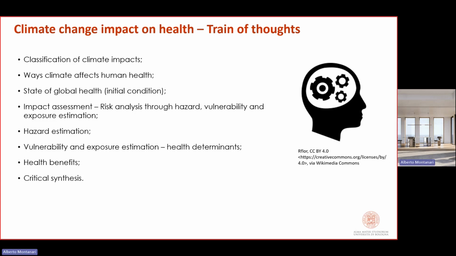So vulnerability means that, if the person is flooded, what is the amount of the consequence of that? A person may be flooded, but if the house is flood proof, the water doesn't get into the house, so there is no impact.